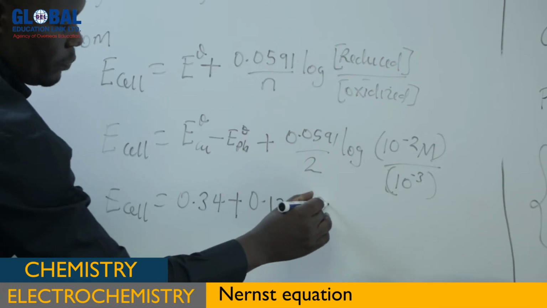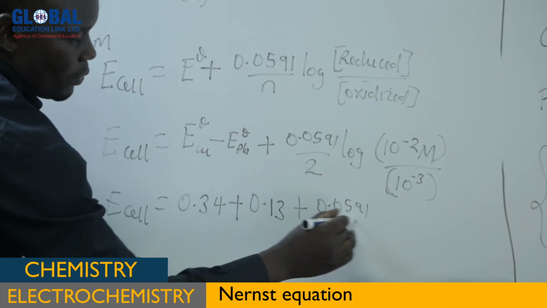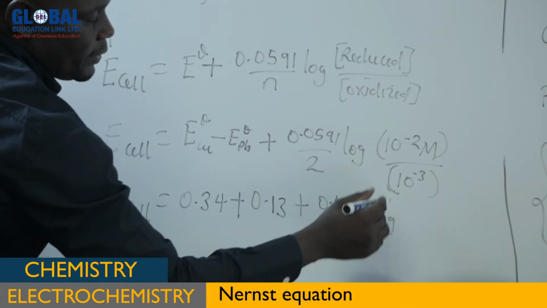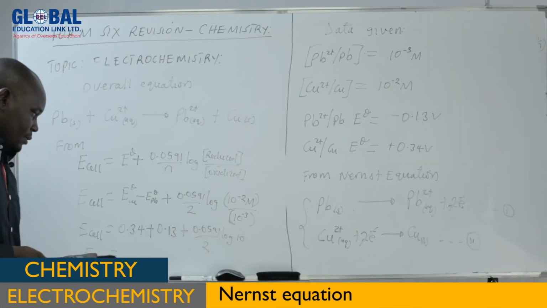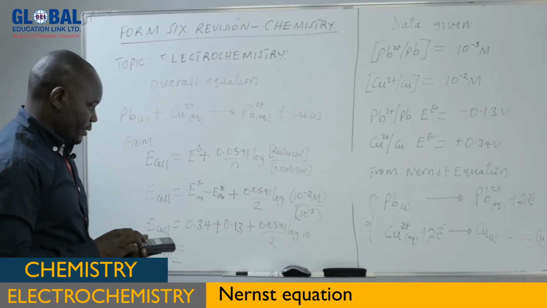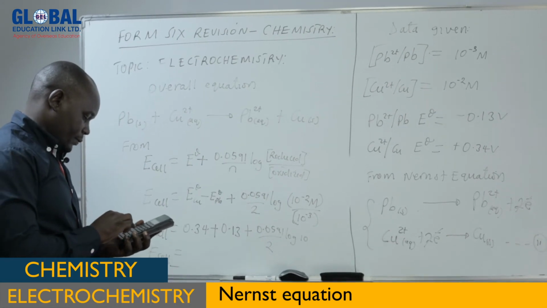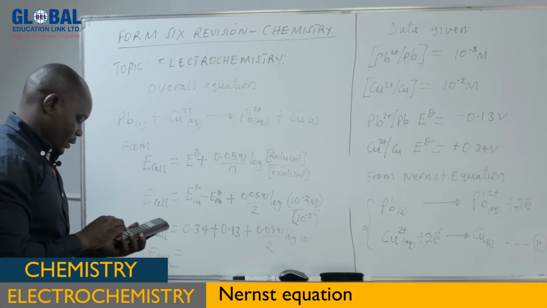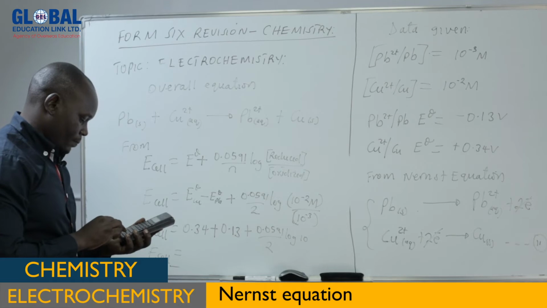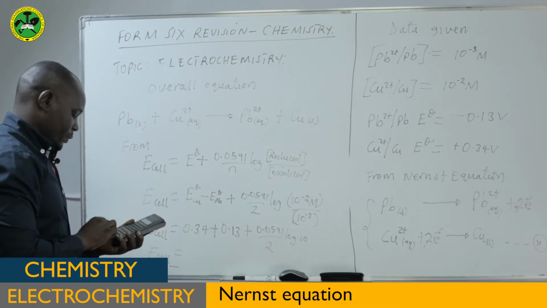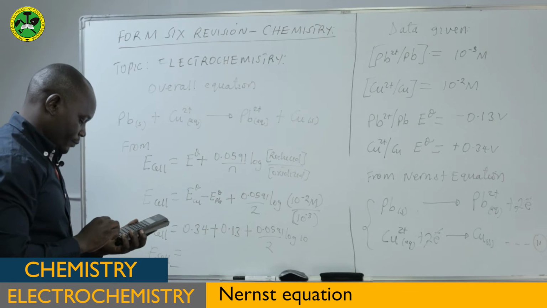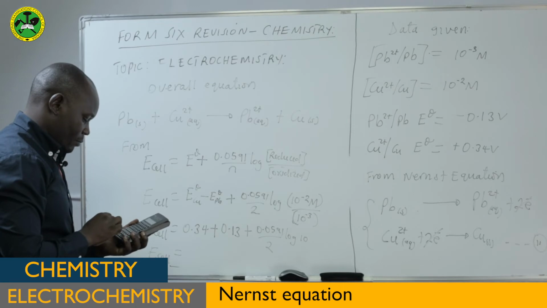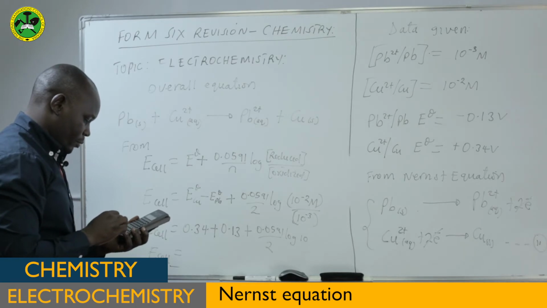And now the E of the cell will be equal to... Now take your calculator and calculate the EMF of the cell. Using our calculator, log of 10 is equal to 1, so it will be 0.34 plus 0.13, then plus 0.0591 divided by 2, then open bracket.